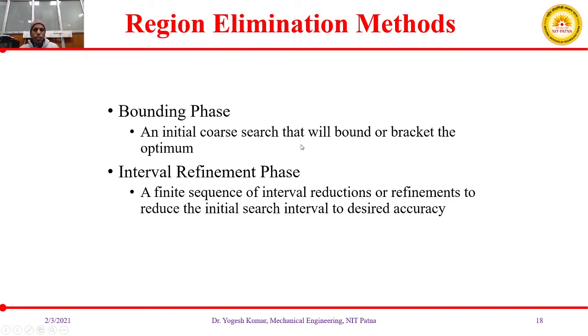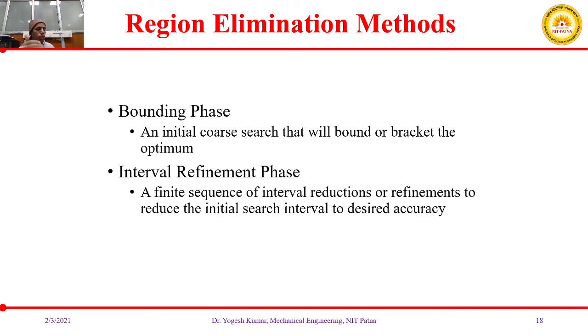And after this bounding phase is completed, we go to the next step, that is internal refinement phase. Okay. So in bounding phase the step size is large, since we have a long interval in which we have to bracket the optimum region.